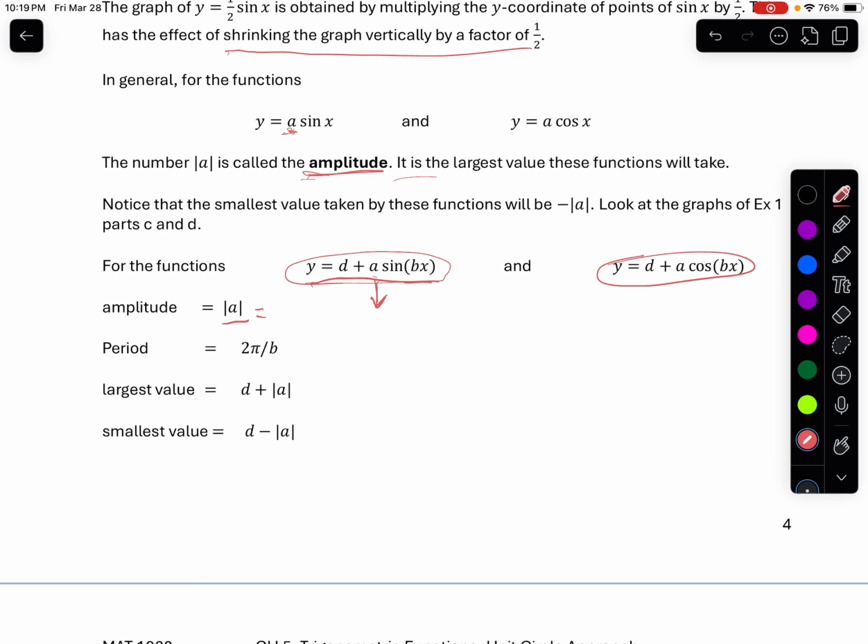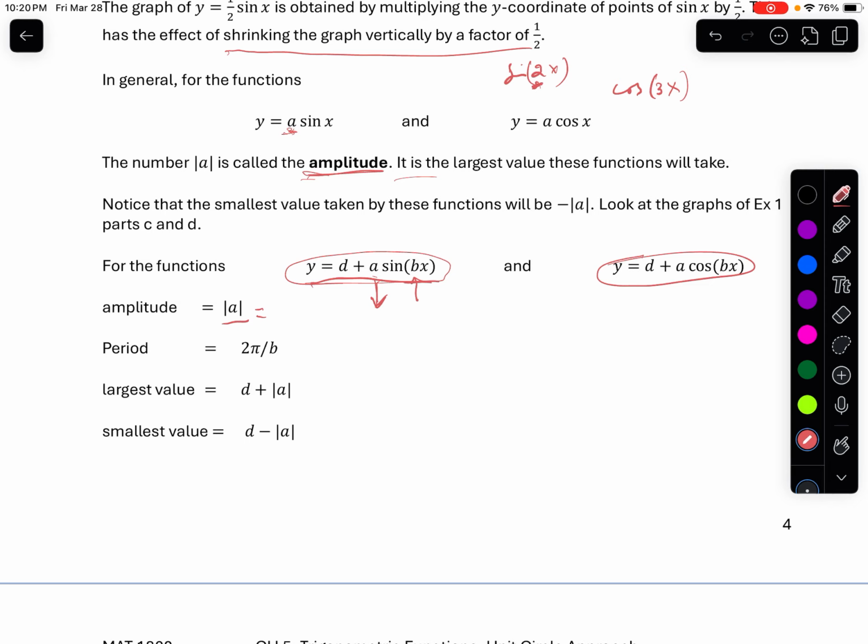Now this B in here, we didn't draw any graph simply with something like sine 2x or cosine 3x or even negative 3x, but basically what this number does is a horizontal shrinking or horizontal stretching, and it affects the period of the function.